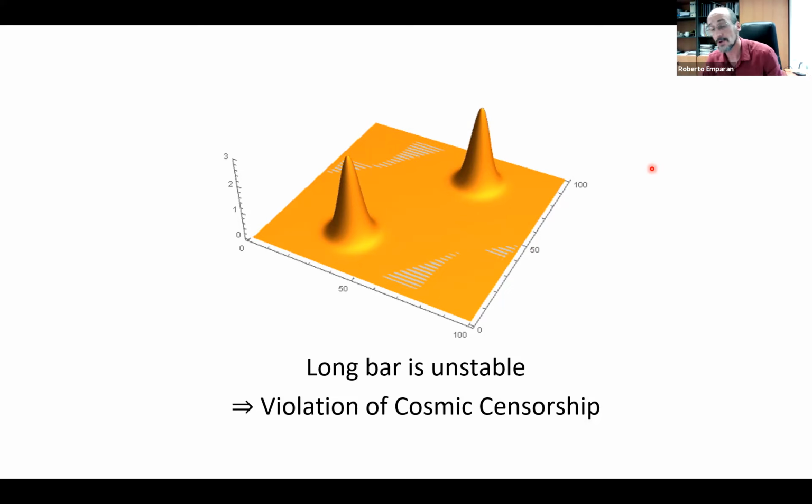Well, the natural evolution is that this singularity is going to, in a sense, evaporate. One can be a bit more precise about what the evaporation here would mean. But then the horizon is going to fragment, and you're going to end up with two black holes flying apart. Okay? So this would be a violation of cosmic censorship in the collision of black holes when the number of dimensions is sufficiently large.